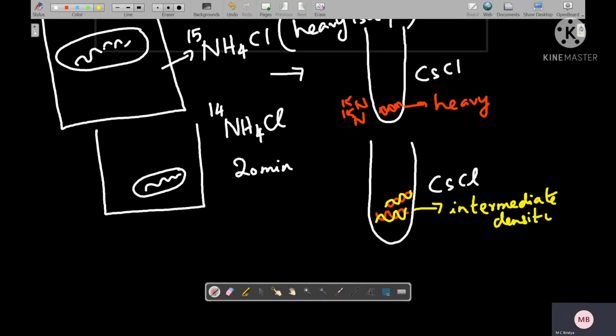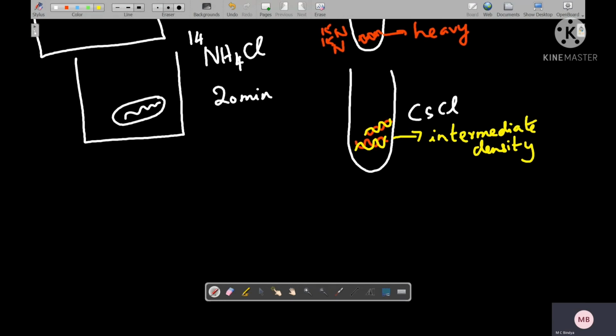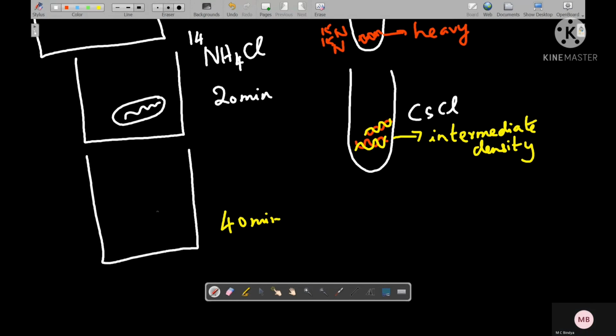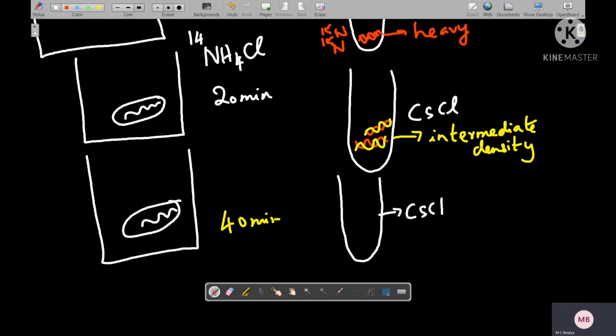They continued the culturing of E. coli for the next 20 more minutes. So after 40 minutes, they found the E. coli DNA, when they isolated it and put it in cesium chloride density gradient, these DNA strands were separating and they were of light density.